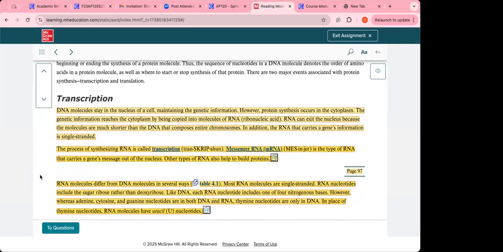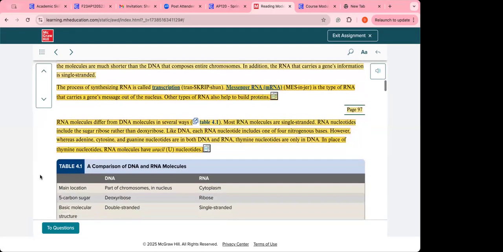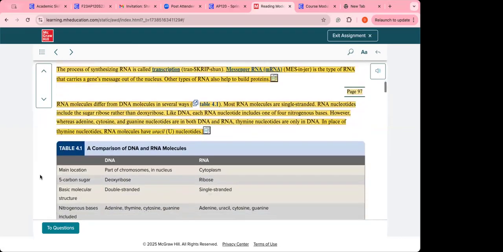Most RNA molecules are single-stranded. Each, however, has uracil in place of thymine. Okay, we read that too, and we read that.